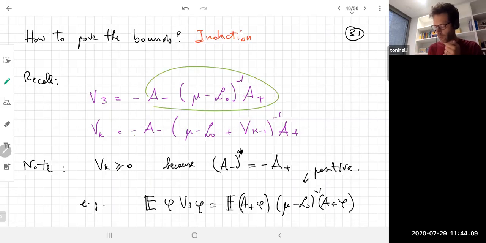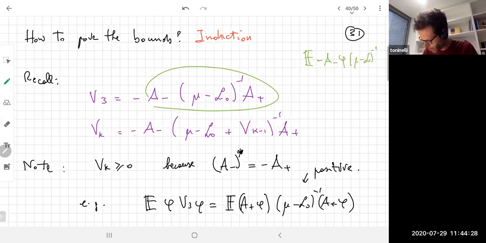So for instance, if you take V3 and sandwich it between phi and phi, you have phi, then minus A minus, mu minus L0 inverse, A plus phi.